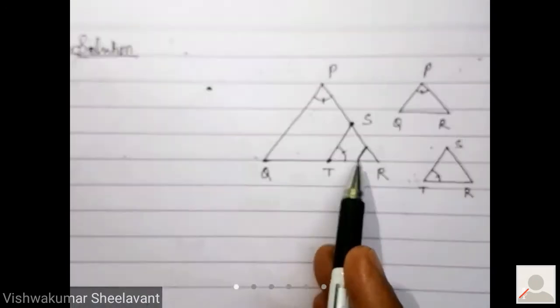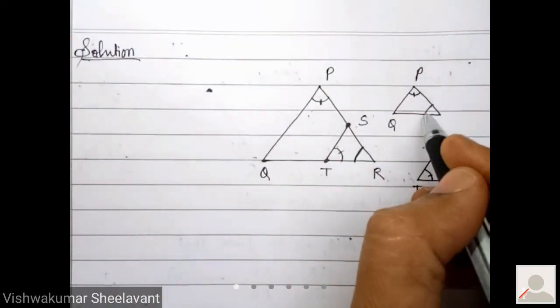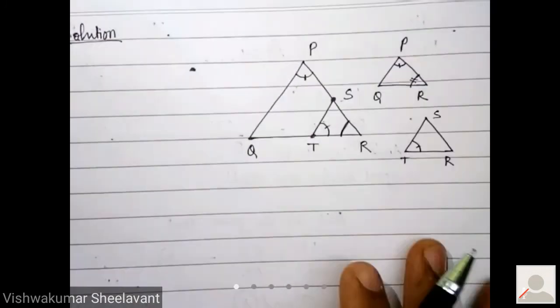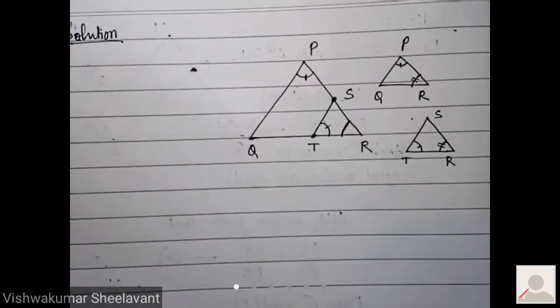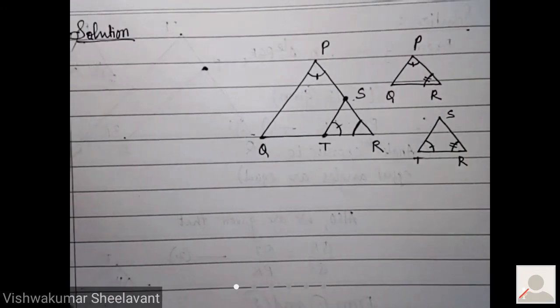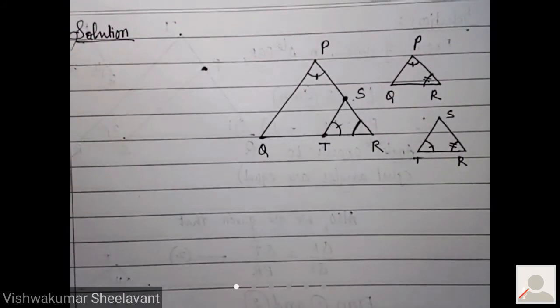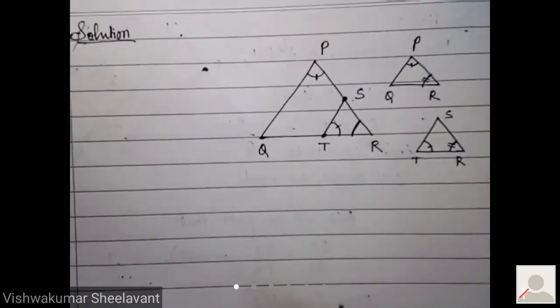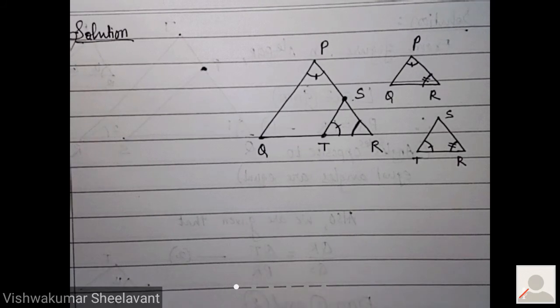That means angle R is common angle for both the triangles. So this angle here and this angle here is common angle. So by AA rule, two triangles become similar triangles. That's all. Very simple proof it is.